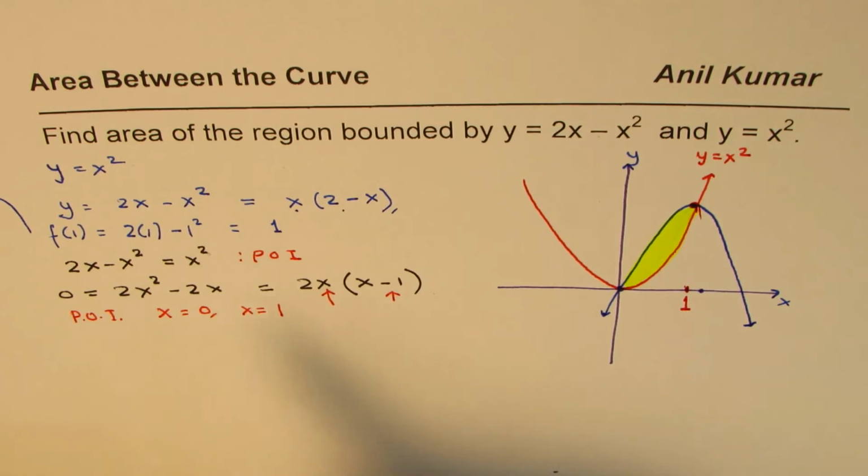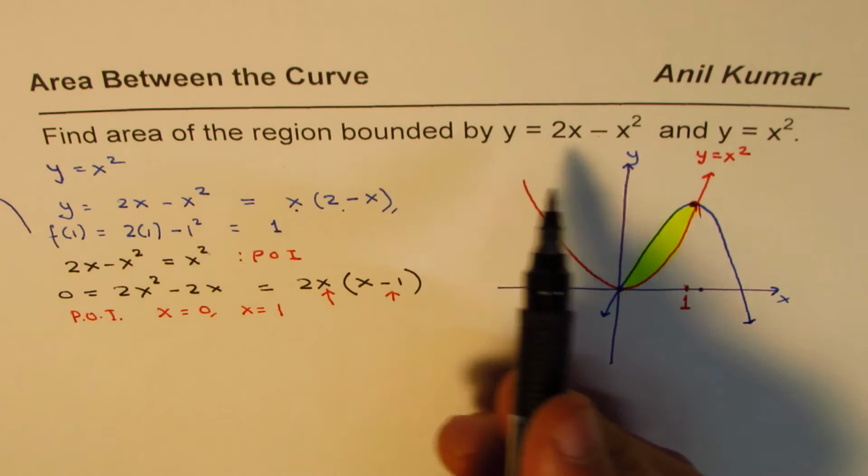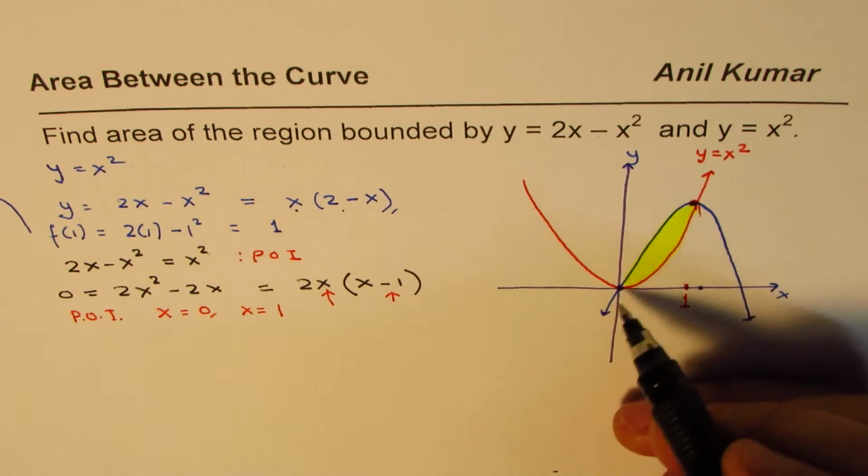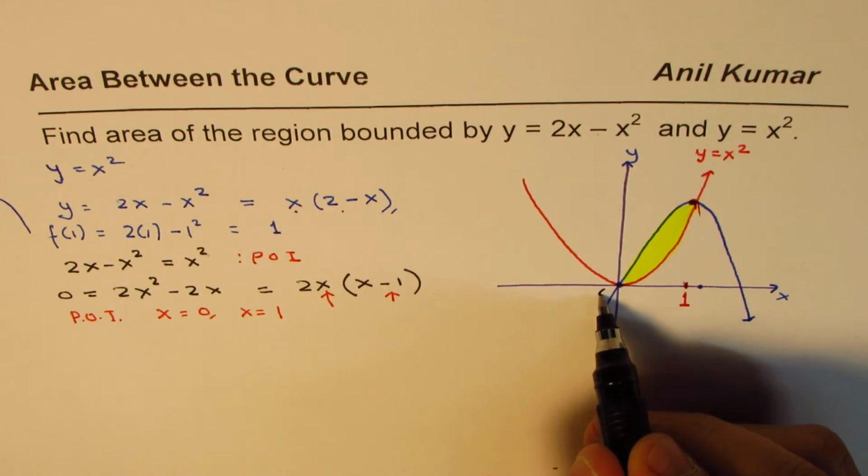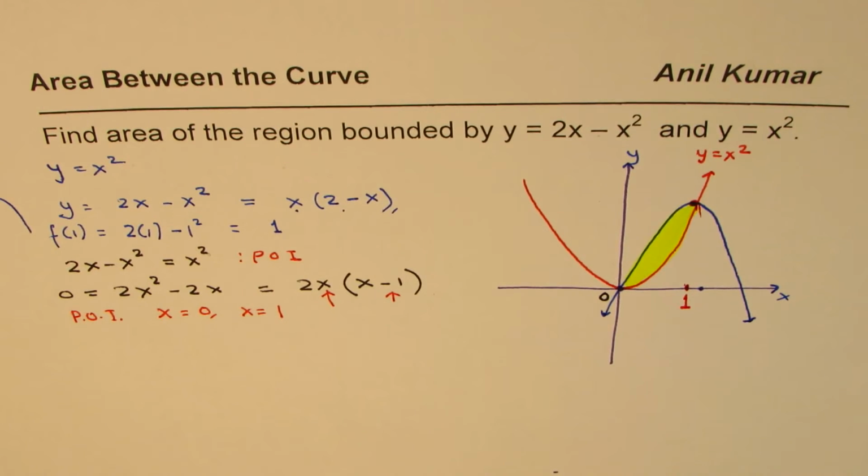Now we need to find the area of the region bounded by these graphs. That means this highlighted region. So it goes from 0 to 1. Do you see that?